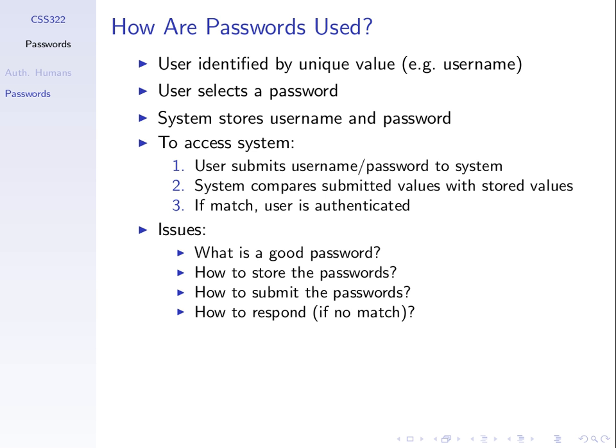Now the problem is that if I have access to this database, I see my hash value is h3. I see some other user, user 3, has the same hash value, h3. I know my password, therefore I now know user 3's password.